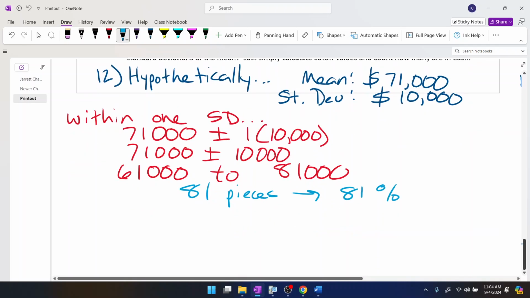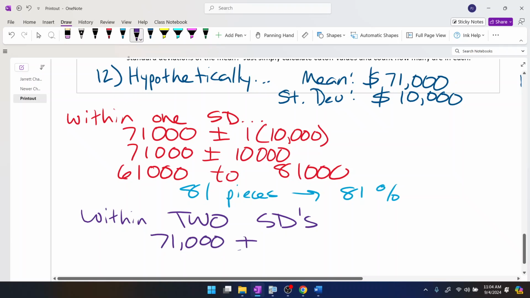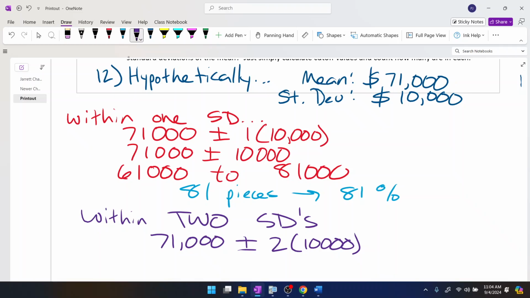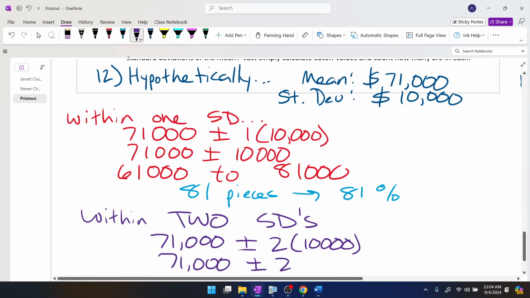Now, if we wanted 2 standard deviations, within 2 standard deviations you do 71,000 plus or minus 2 times 10,000. Well, simply put, 2 times 10,000 is what? $20,000. So 71,000 plus or minus 20,000.